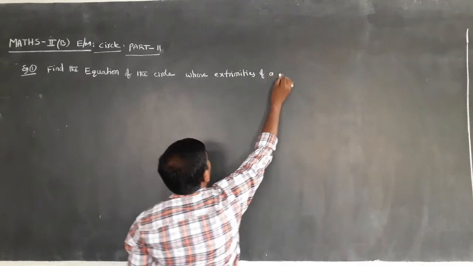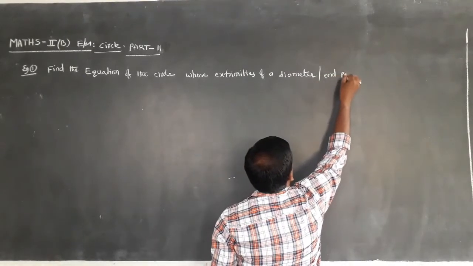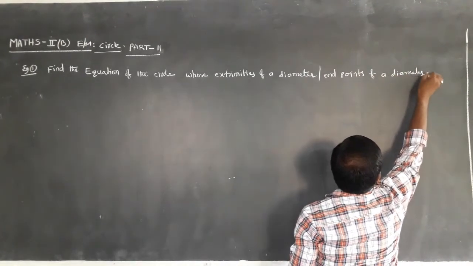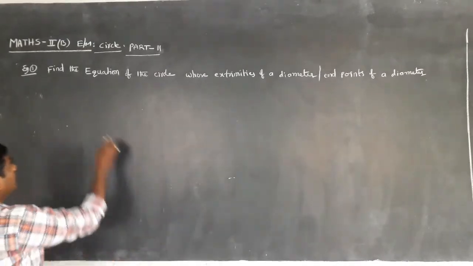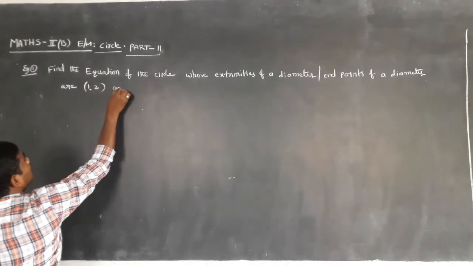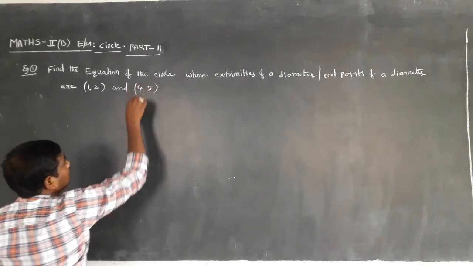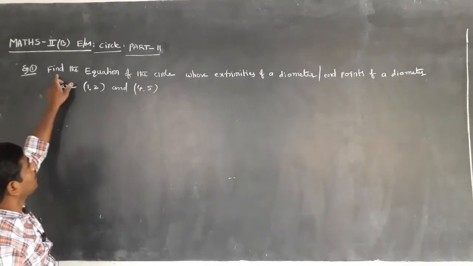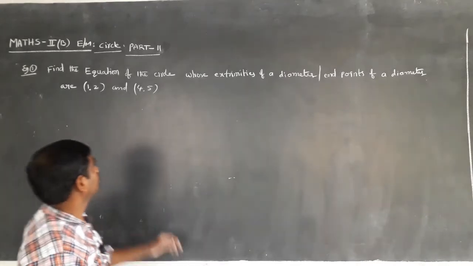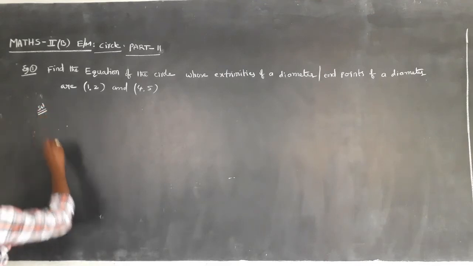Find the equation of the circle whose extremities of a diameter, or endpoints of a diameter, are (1, 2) and (4, 5). This is the question.